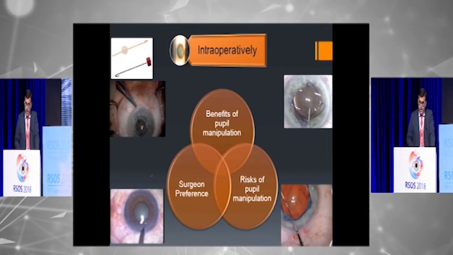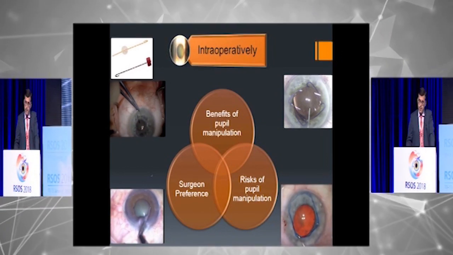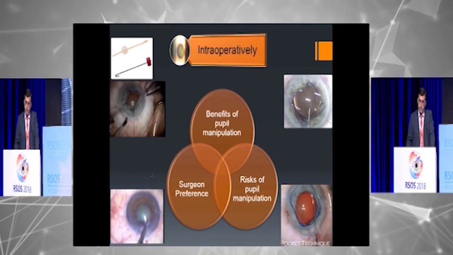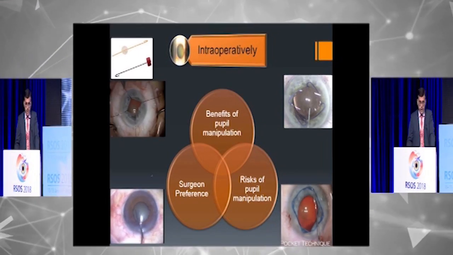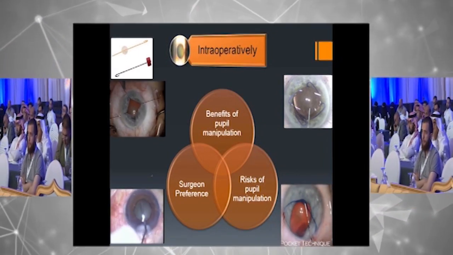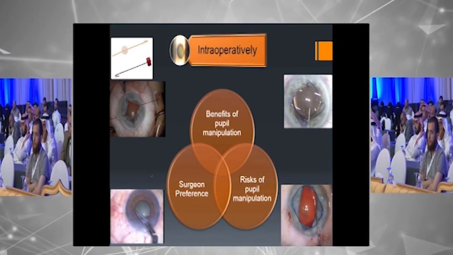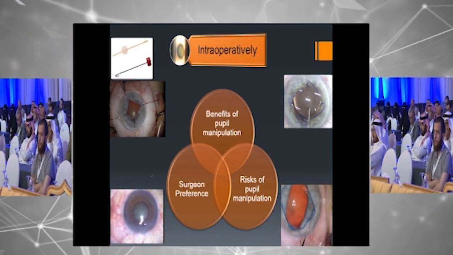There are intraocular pupil expanding rings like Malyugin rings, OASIS rings. There are also iris hooks to dilate the pupil. Sometimes sphincterectomy can also be used to dilate the pupil.